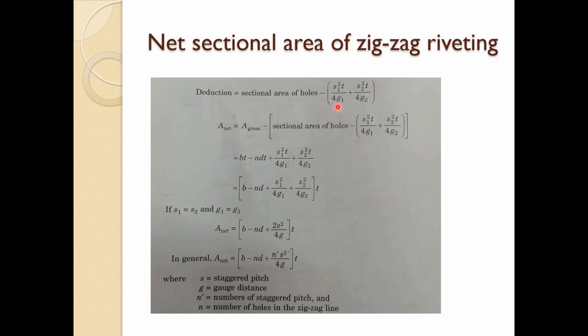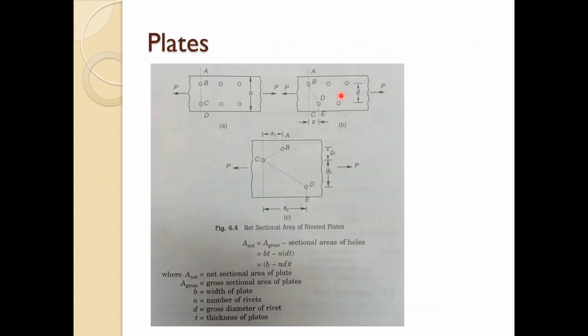The chain line should be chosen so as to produce the maximum deduction. So now the deduction, here you can see, is the sectional area of the holes minus the sectional area of the hole.